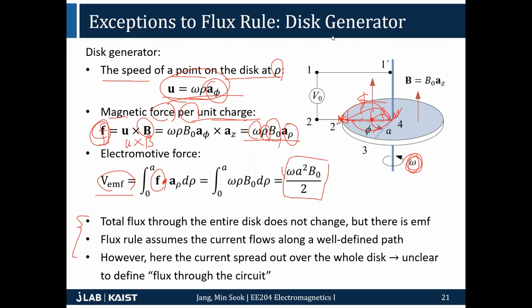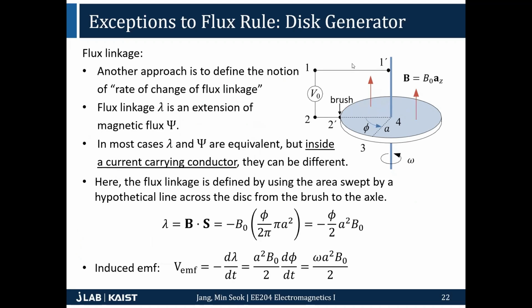And then what people figured out was this. They wanted to redefine the flux rule in this way. So another approach is to define the notion of the rate of change of flux linkage. They define flux linkage as an extension of magnetic flux.